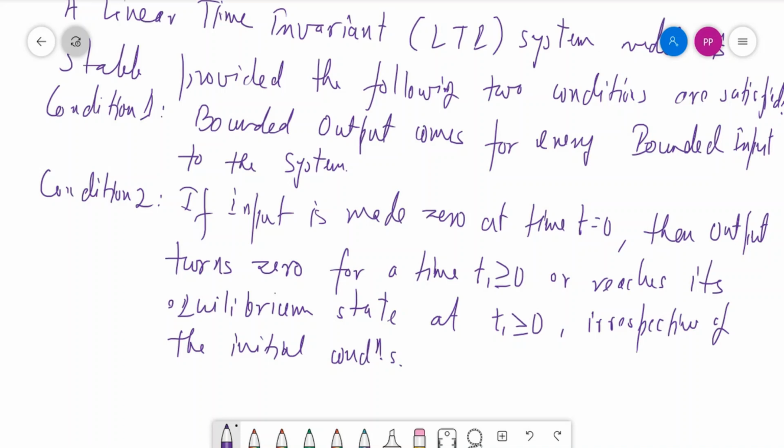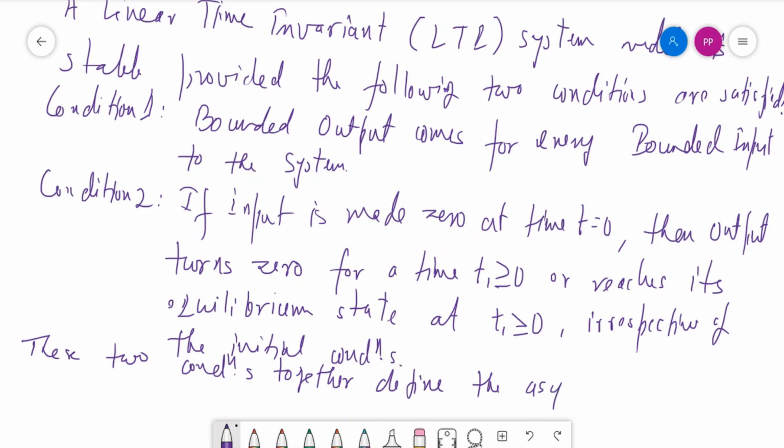If two conditions are satisfied, then the system will be defined as the asymptotically stable system. So these two conditions together define the asymptotic stability of a system.